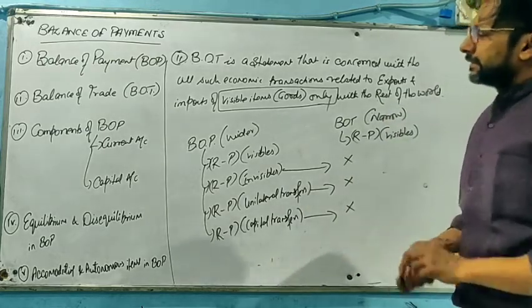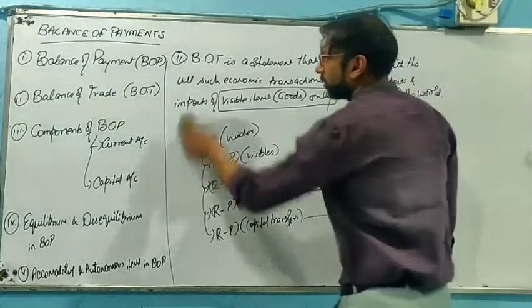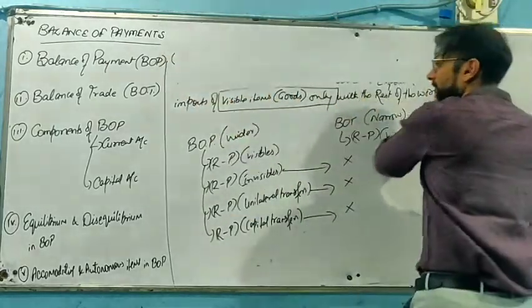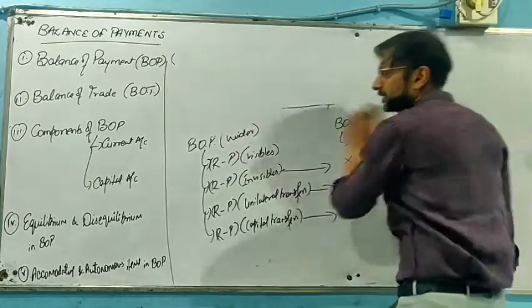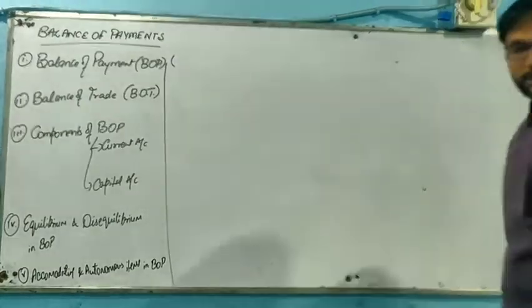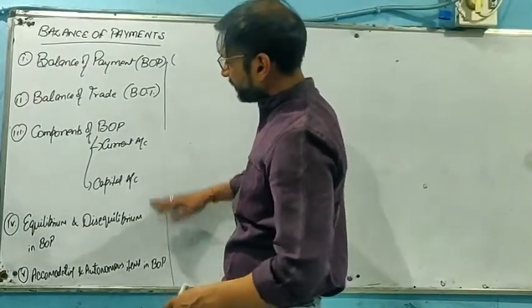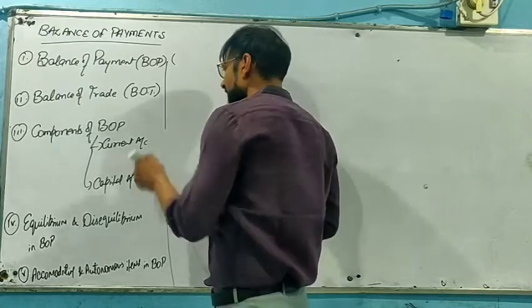Okay. Now, extending our concepts, we are coming to the components of balance of payment. If we talk about the components of balance of payment, we have two components, that is current account and capital account.